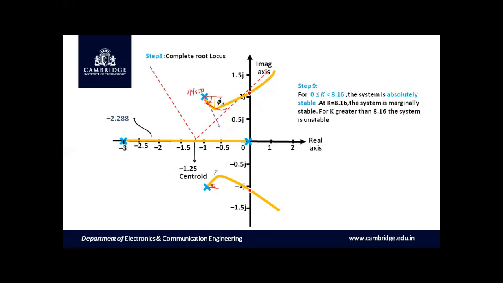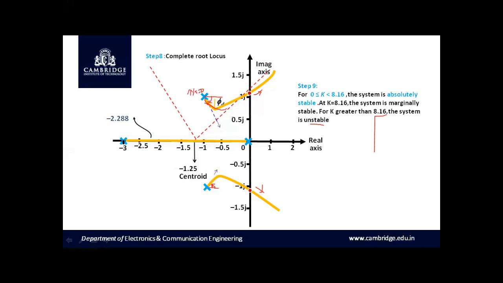And when k keeps on increasing beyond 8.16, these branches tend to move towards the right half of the S-plane, which makes the system unstable.